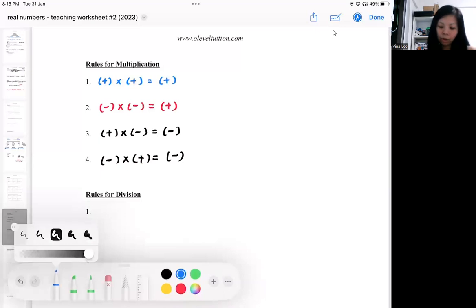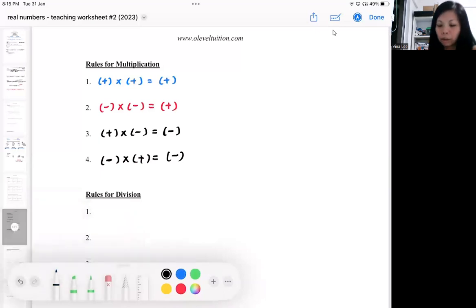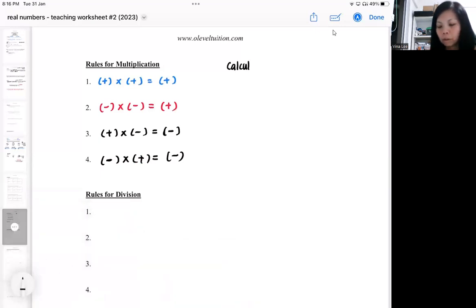If you ever forget the rule, you can use a calculator to help you. Maybe you can punch -4 times 3. Your calculator will give you a -12. So this is effectively +3.